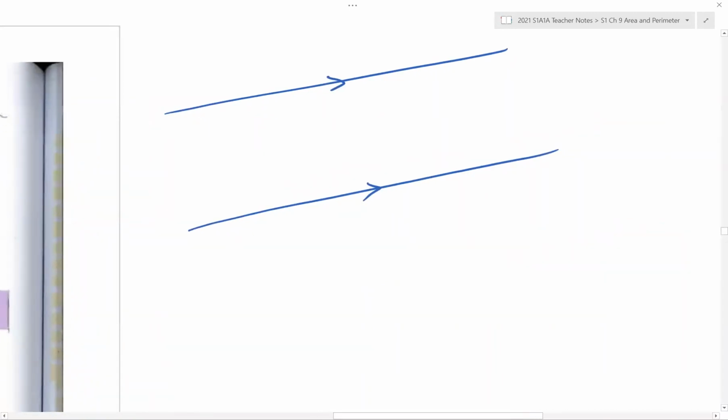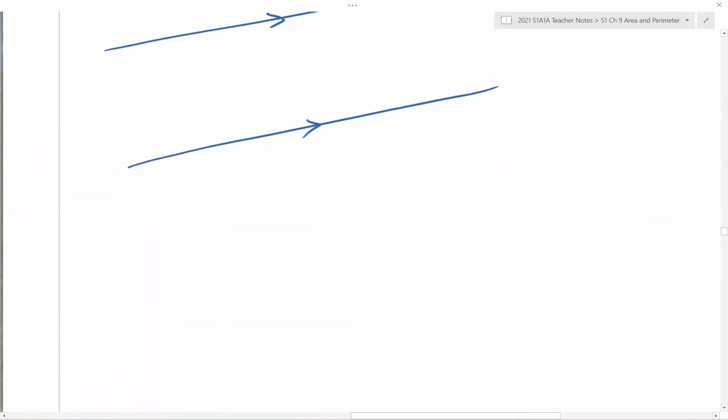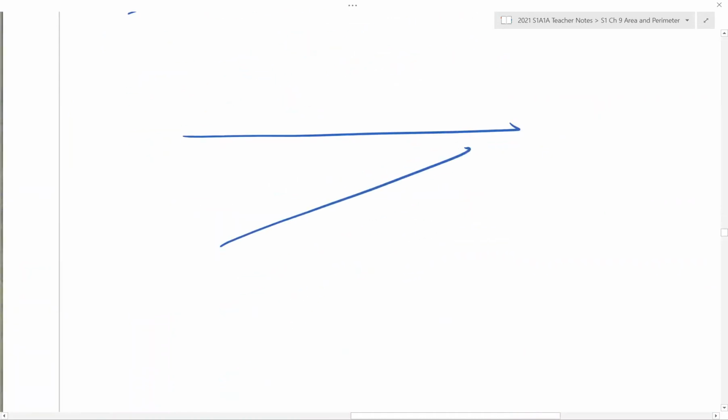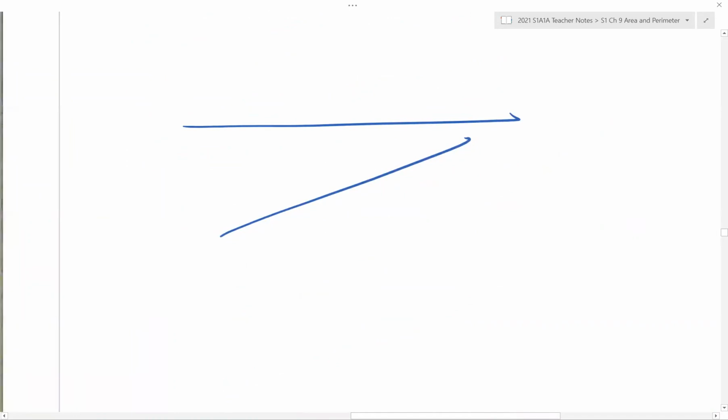What then are lines that are not parallel? For example, a line like this and a line like this. These 2 lines are not parallel because if I were to extend them, they're going to touch each other, isn't it? Understand, Marilyn? Nazreen, okay? So these are not parallel lines.